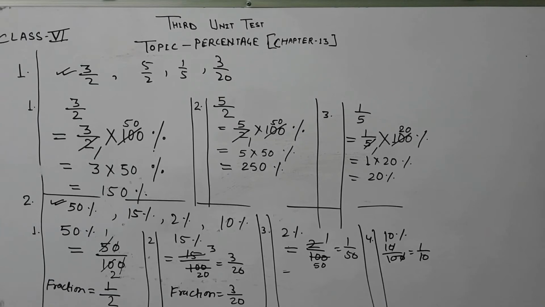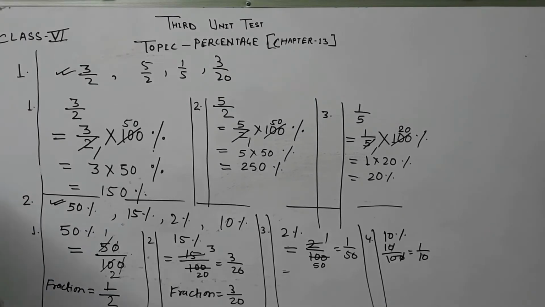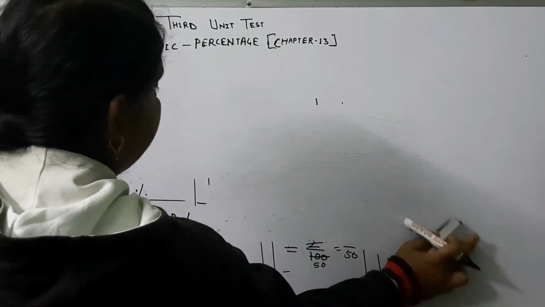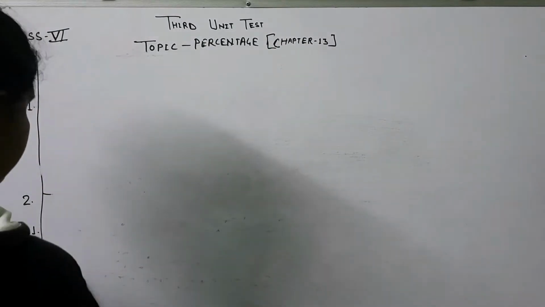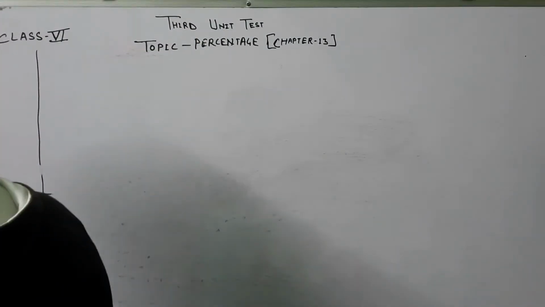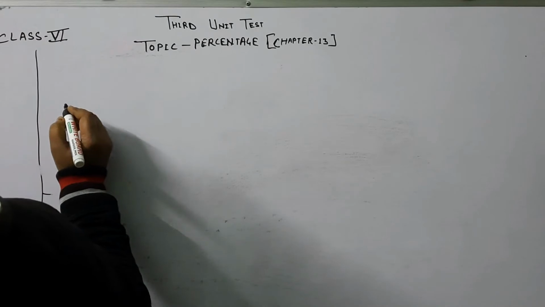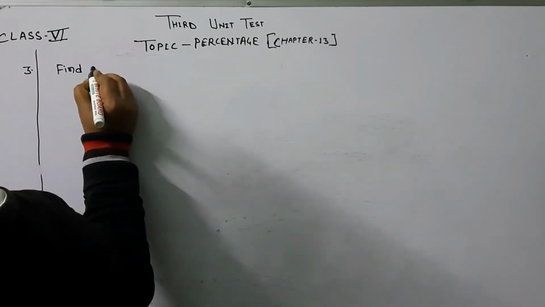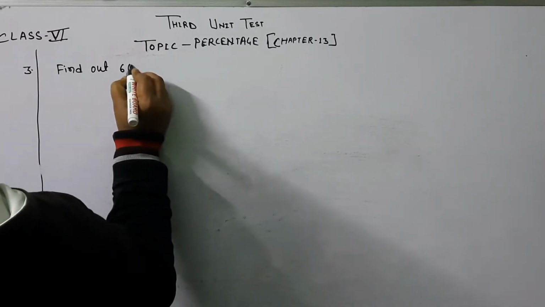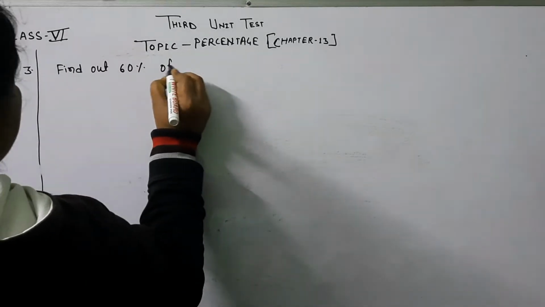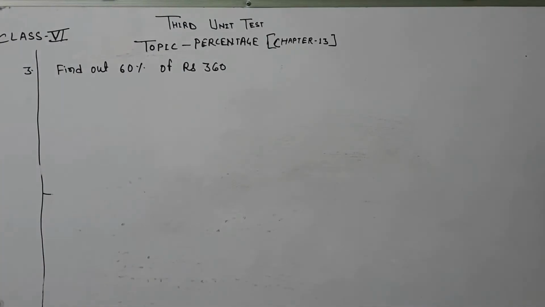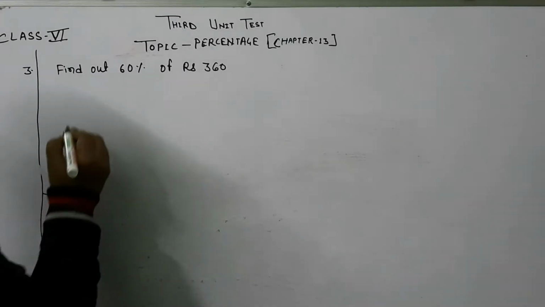Now next question is there. Question number 3. So students, see here, question number 3 is find out 60% of rupees 360.